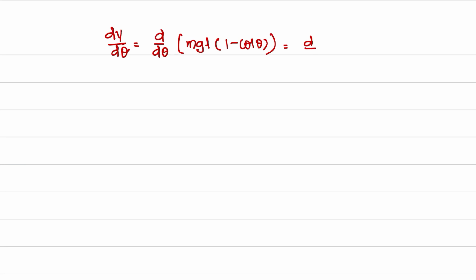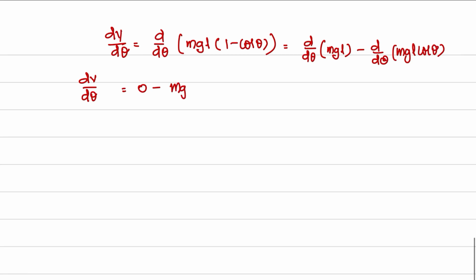That is equal to d by d theta of mgL minus d by d theta of mgL cos theta. d by d theta of mgL is 0, d by d theta of a constant is 0. Minus d by d theta of mgL, you can take the constant out, d by d theta of cos theta is minus sin theta. That is equal to mgL sin theta.